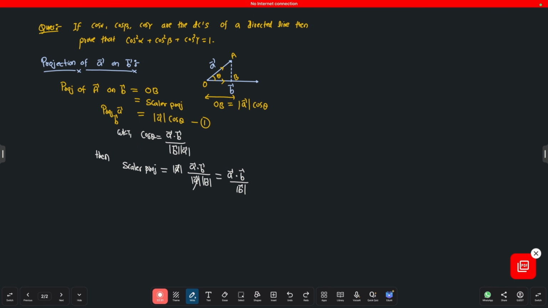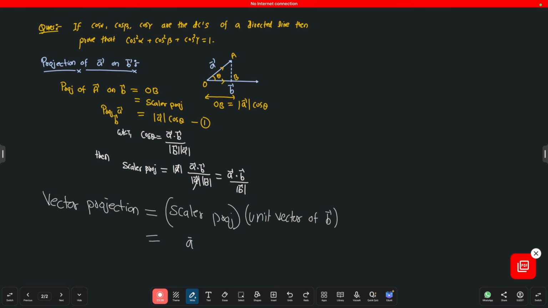What is vector projection? Vector projection simply means the projection vector of vector A on vector B. Vector projection will be the scalar projection multiplied by the unit vector of B, because we are finding the projection of A vector on B vector.